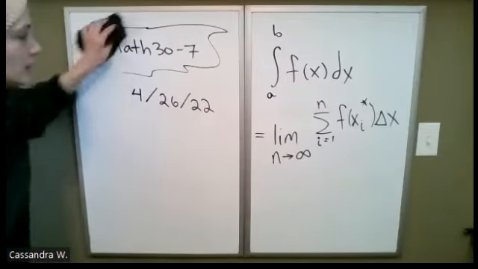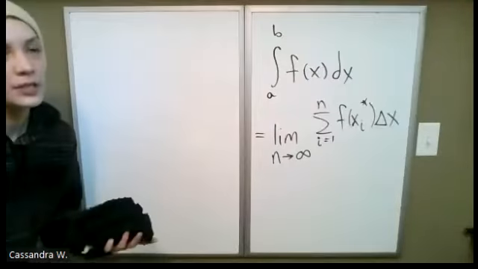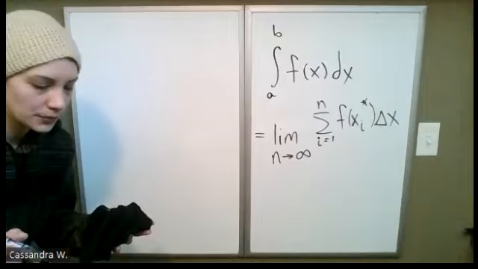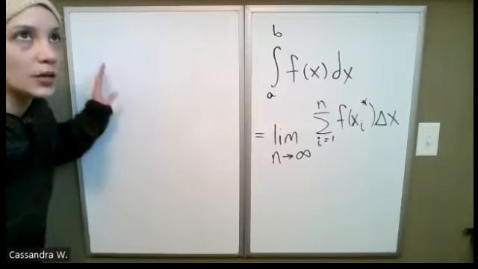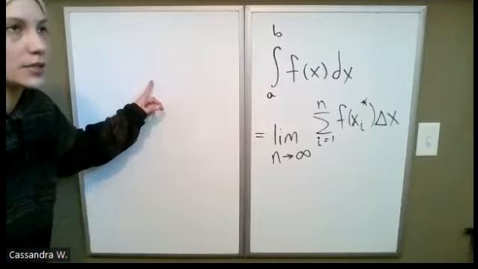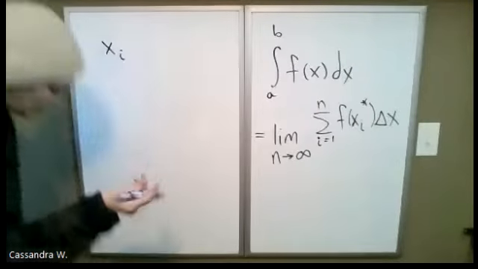Okay, but then when we just focus on using right-hand endpoints, we don't need the star, and we know what the x sub i numbers look like. They look like this. Okay, like that, actually.